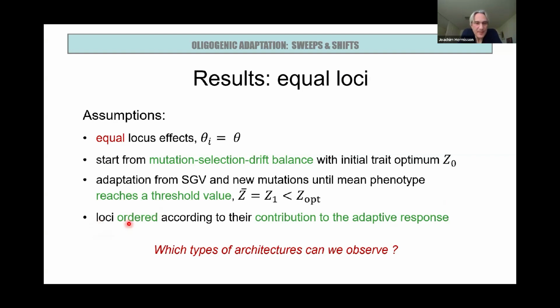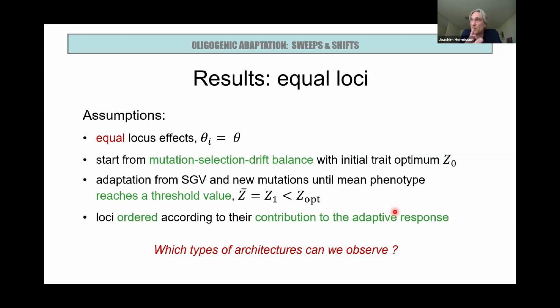So we do marginal distributions for single loci to have something one-dimensional, but we do not do this for arbitrary loci, because with equal loci all these marginal distributions would just be the same, so this would be trivial. Instead, we order these loci according to their contribution to the adaptive response.